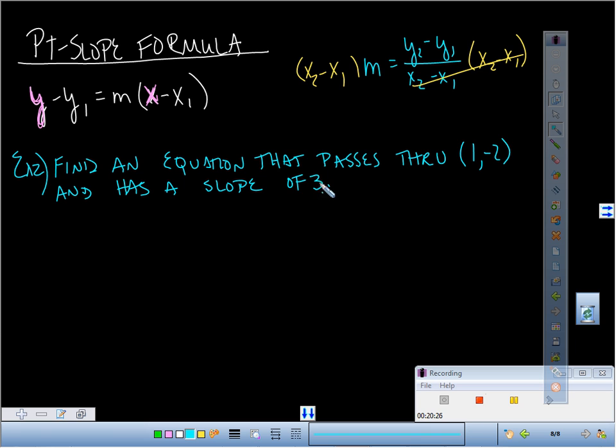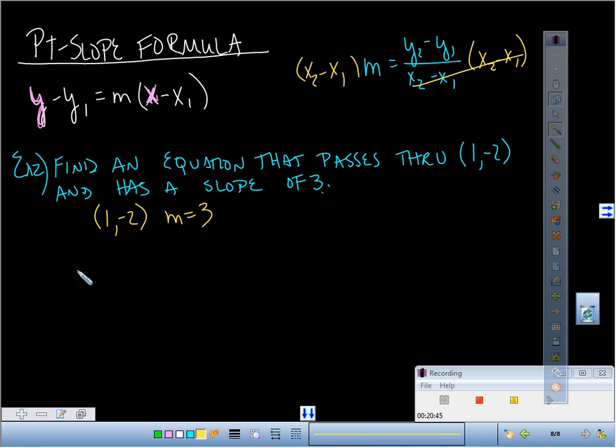My head would hurt if I had to figure this out. So, what do we have, guys? We don't have any patterns. 1, negative 2 is my point, and my slope is 3. We got a point and a slope.